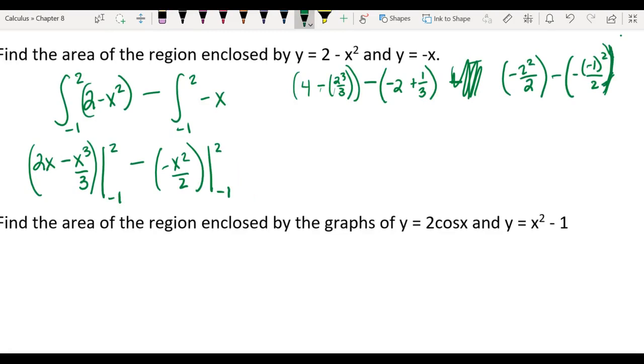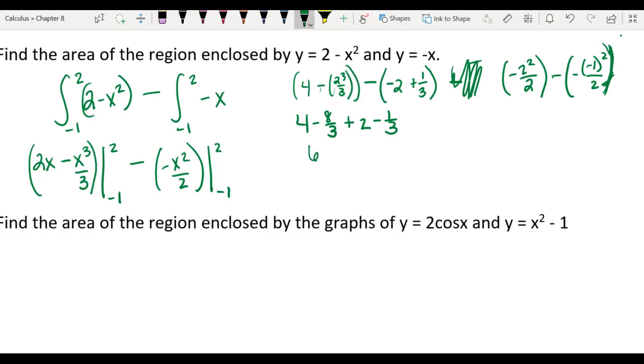So I'm going to solve these separately, and then once I solve them, then I'm going to put that minus in. Okay? I just feel like it's a lot going on to do this minus before we're ready. Does that make sense? Okay, so here we get 4 minus 8/3. And then minus, let's see, that negative would distribute, so it'd actually be plus 2 and minus 1/3. Is everyone okay with that?